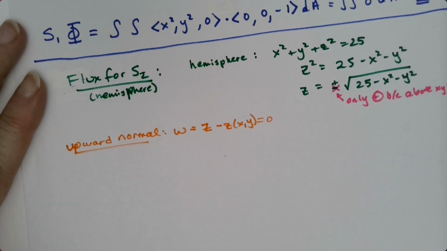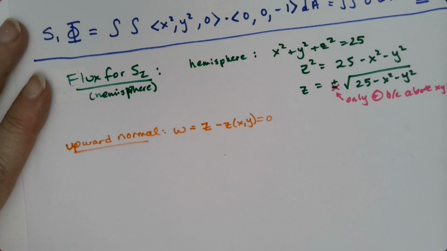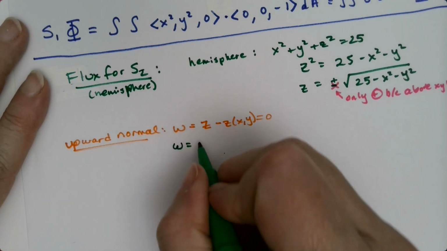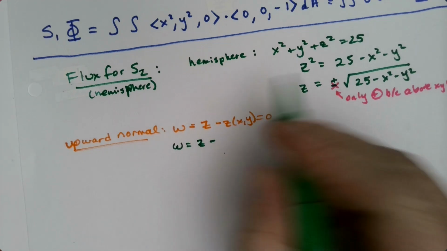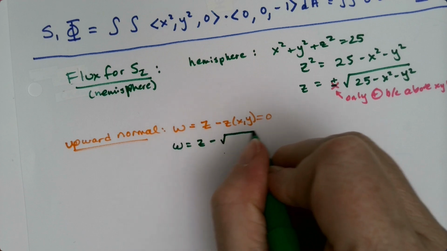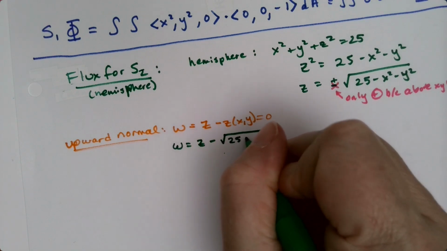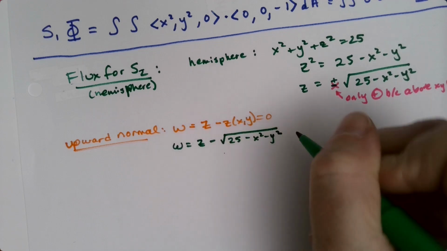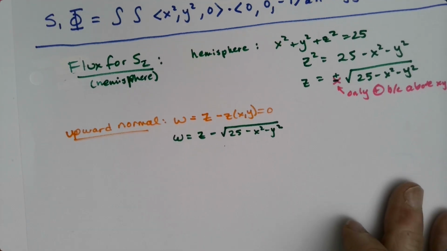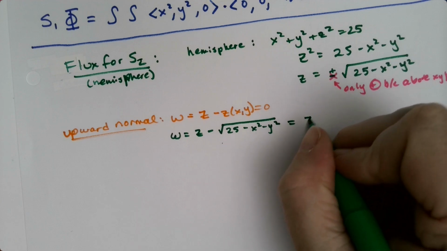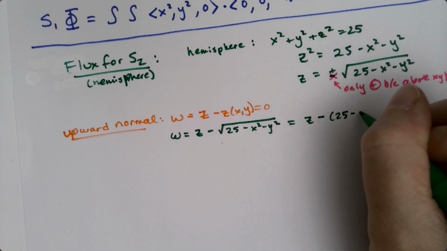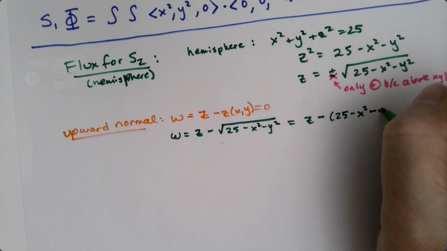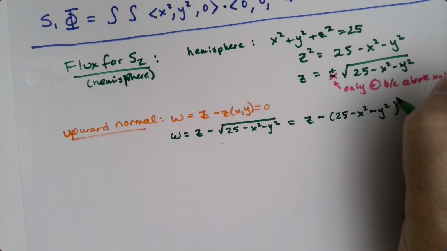So W is now z minus the square root of 25 minus x squared minus y squared, or in other words, z minus (25 minus x squared minus y squared) to the 1/2 power.